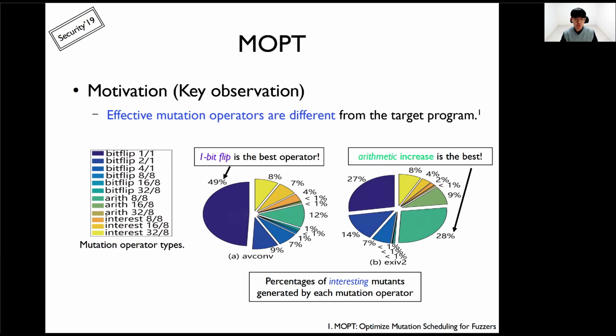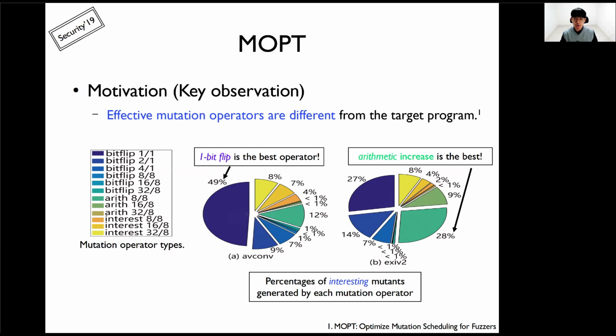If you look at the two pie charts at the same time, we can see that the percentage of the arithmetic increase operator highlighted in green when testing EXIV2 is more than twice that of the same operator when testing AVComp, which implies that choosing different operators for each target program can maximize the performance of fuzzing. This is the motivation of MOPT.